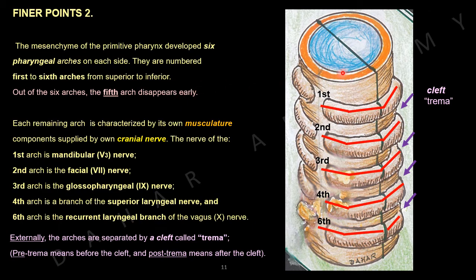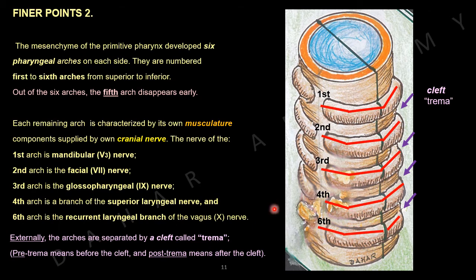This is the primitive pharyngeal tube, and these are the arches. Actually six arches develop at the beginning, but the fifth arch disappears early. So this is first arch, second arch, third arch, fourth arch, and sixth arch.